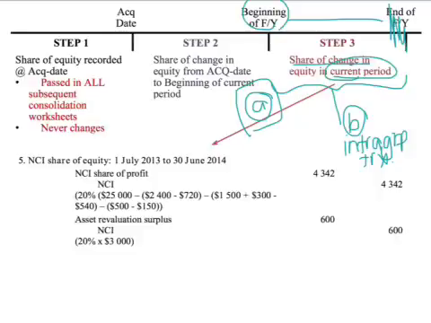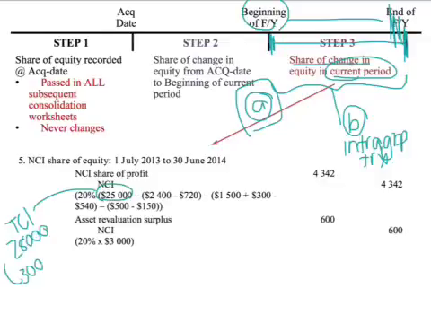Now the first part is to see what the NCI share is in the profit recorded by the subsidiary in the current year. Now, what is the profit figure or the earnings figure that we use to calculate their share of the profit? First of all, in this question, they told us that the total comprehensive income of the subsidiary was $28,000, and it included an asset revaluation surplus.